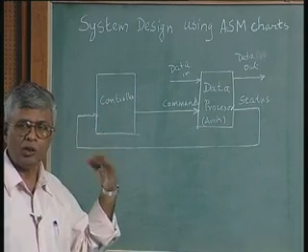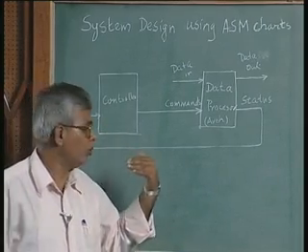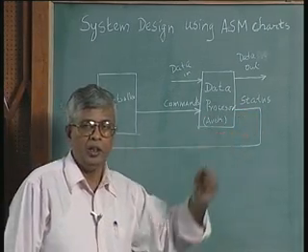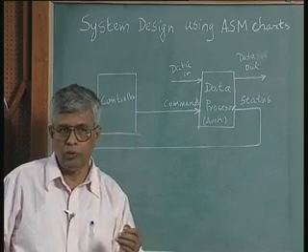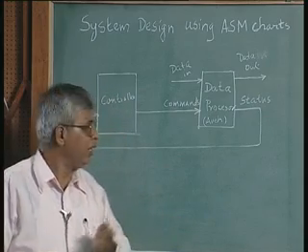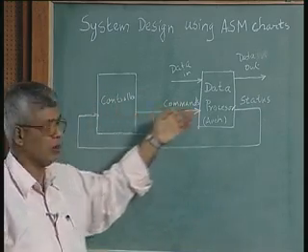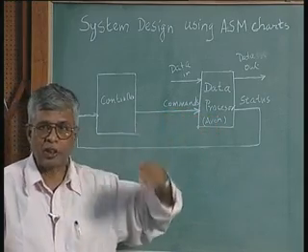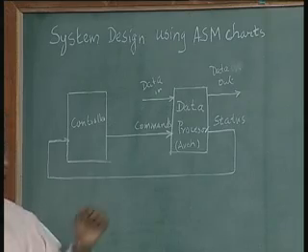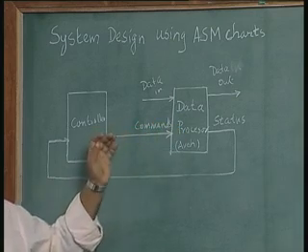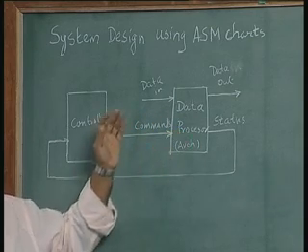Likewise, the controller also may have to receive some signals in addition to the status signal. When do you start the multiplication? The controller gives the command signal for step by step execution. It tells you when to load a particular register, when to load the second register, when to put the result back.